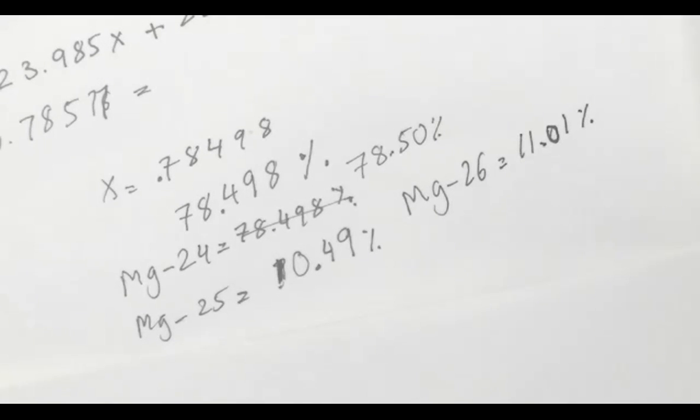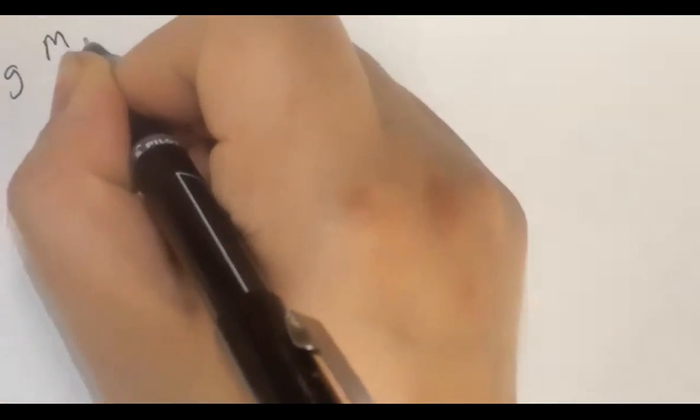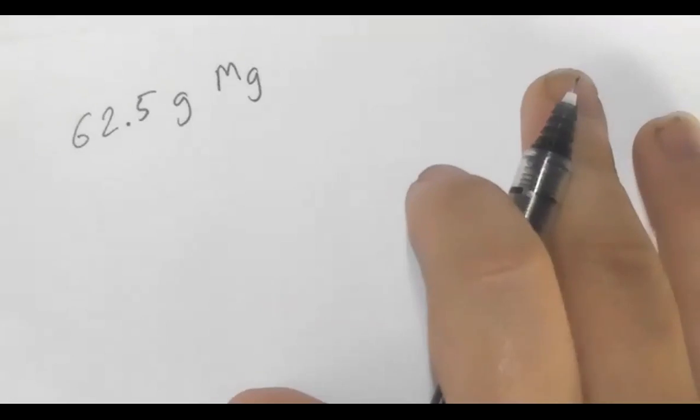Okay. Now that I have all this, I can now ask you the question, right? So let's go ahead and review the atoms for a second. So I'm going to say we have, I don't know, 662.5 grams of magnesium out there. Oops, sorry.